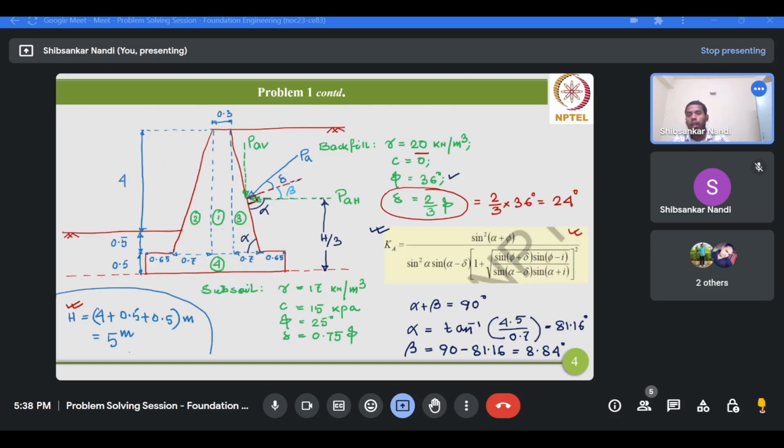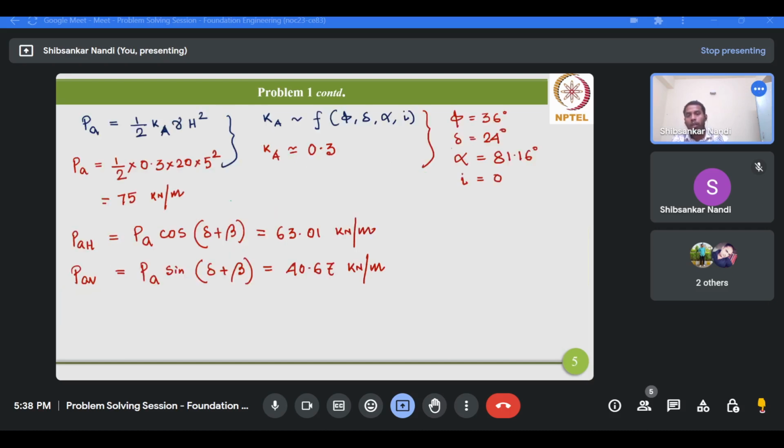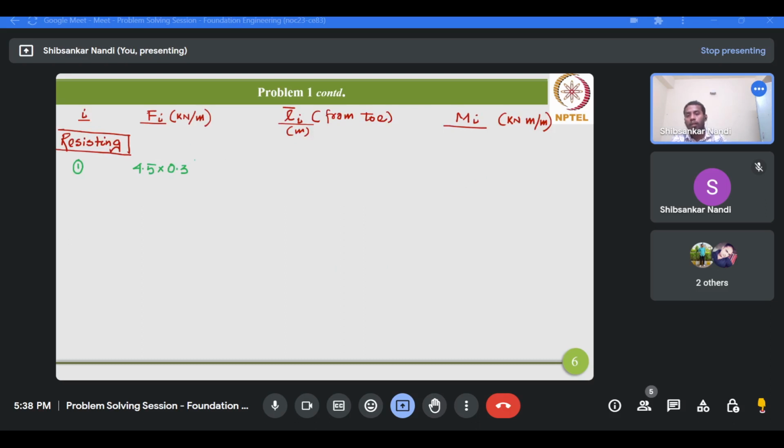Now we are considering unit length in the direction perpendicular to this presentation slide, so we multiply by 1, and that gives you the volume. Now volume multiplied by unit weight. What is the unit weight?